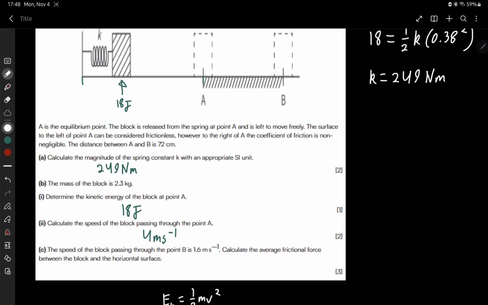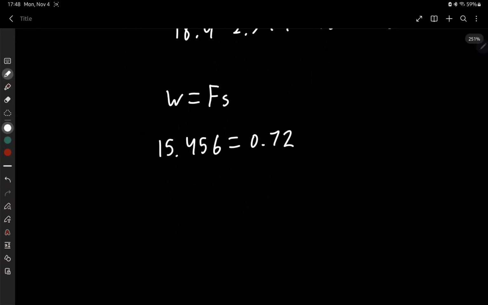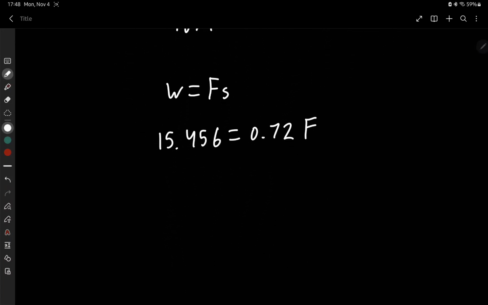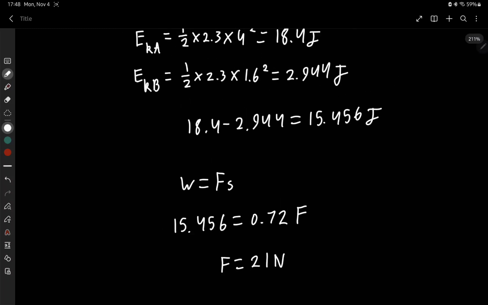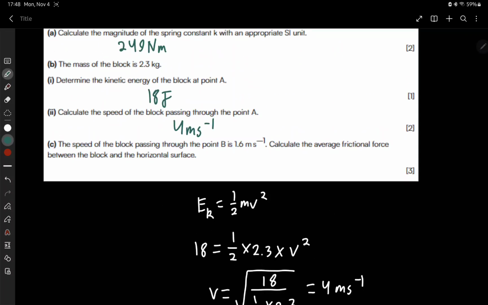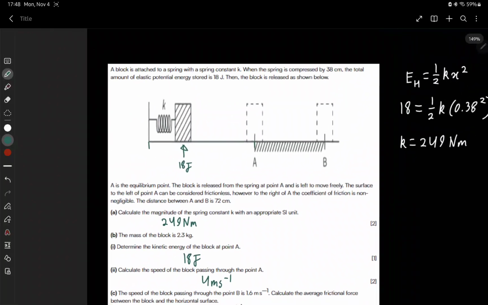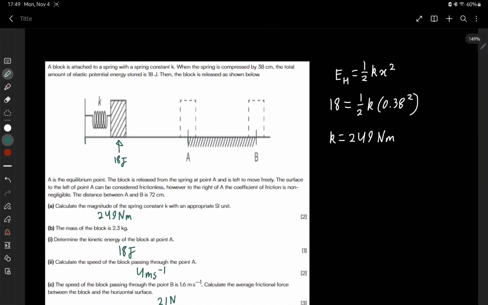That's 0.72 meters. Times that by force, and then just rearrange to get force is around 21 newtons. And that's your answer there. It's 21 newtons.